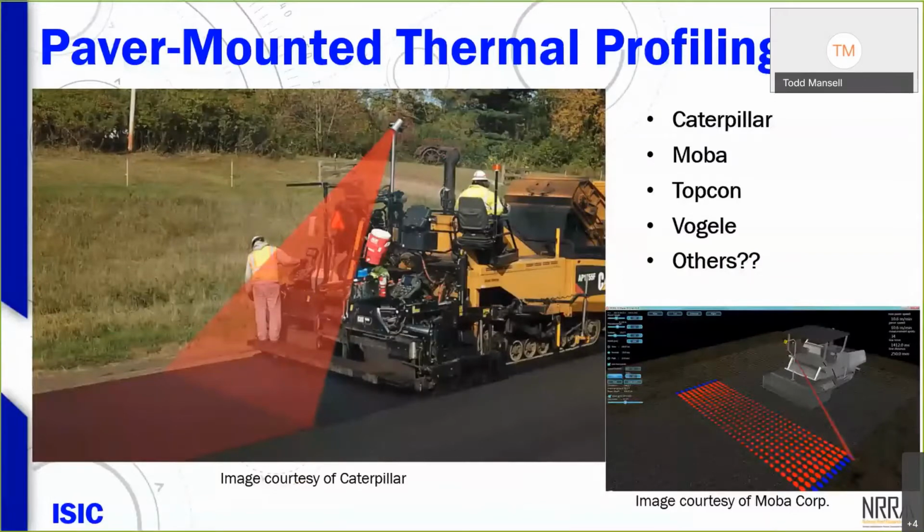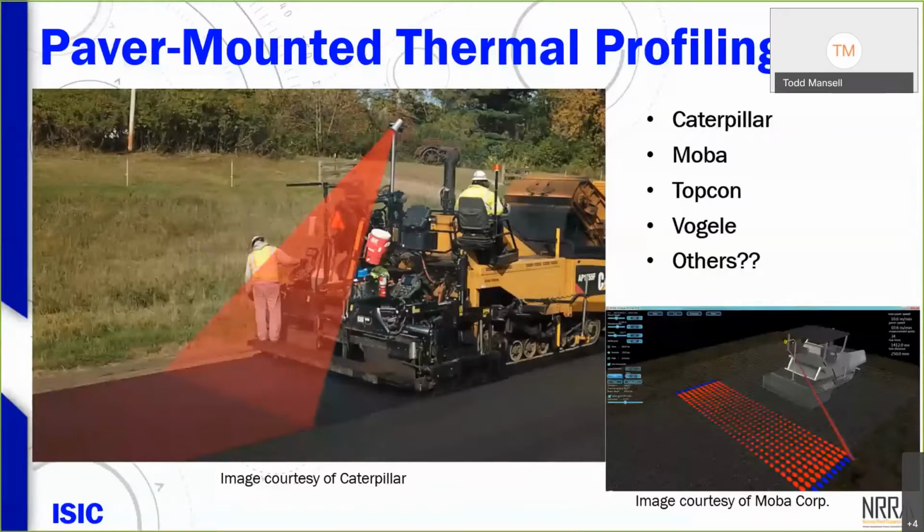Real quick, I'm going to kick off today with paver-mounted thermal profiling. Sometimes you've heard it as a technology that's available. There are several manufacturers out there now that have this technology, mostly pretty recent to the market, with the exception of MOBA.